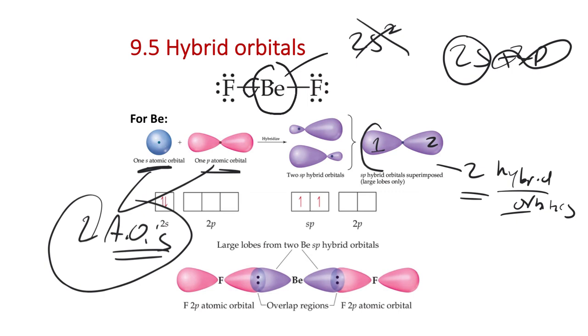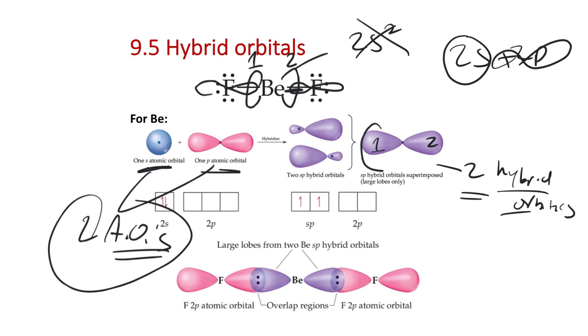So I mix an s and a p on beryllium, and they hybridize and form two different orbitals, one this way, orbital 1, and orbital 2 this way. And that allows me to get my overlap with fluorine. Fluorine has a 2p as its largest orbital, so I would get 2p overlap, and I call this sp overlap.